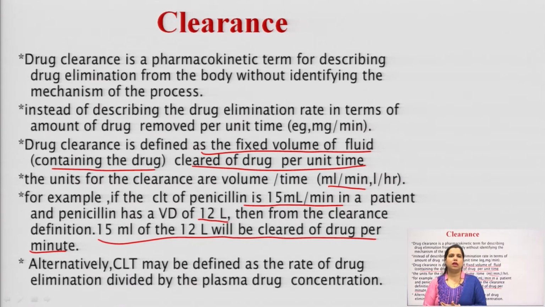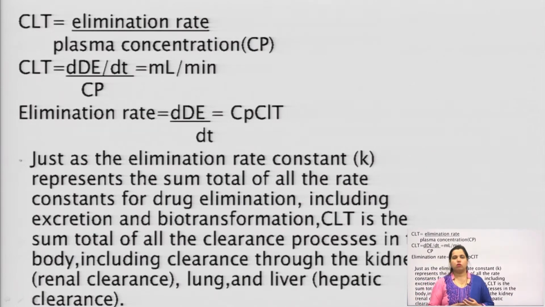Alternatively, CLT, total clearance, may be defined as the rate of drug elimination divided by plasma drug concentration. So, CLT is equal to elimination rate divided by plasma concentration, Cp.